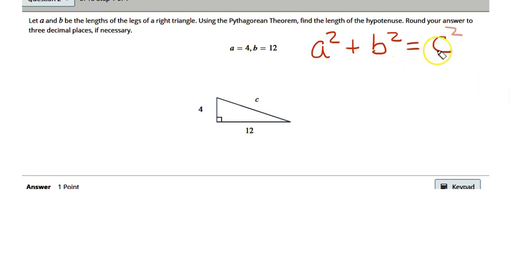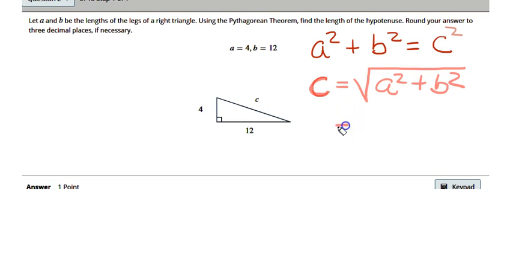Now, the formula for finding c is take the square root of both sides, and you end up with c equals the square root of a squared plus b squared.